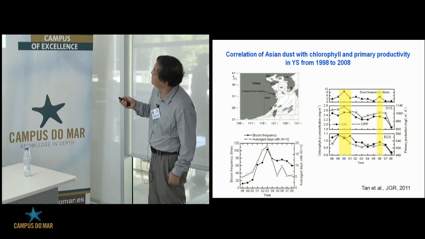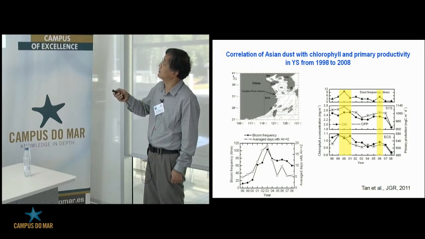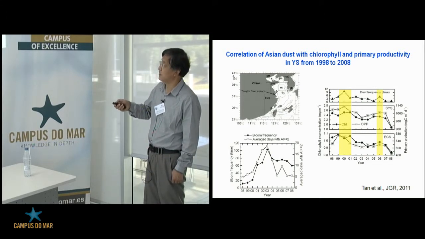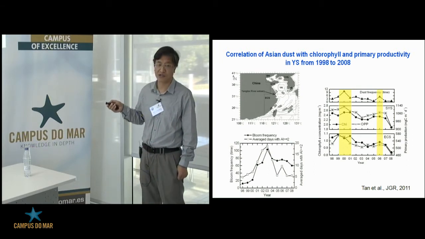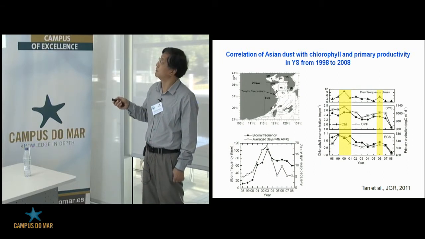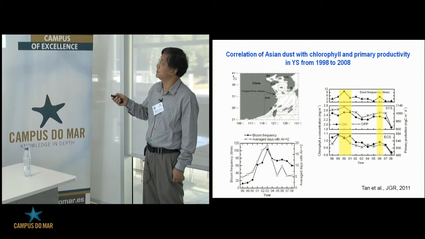This is the primary production. So it's quite clear. This is dust frequency. From the 1990s to 2001, and also in 2006, there was quite a lot of dust frequency, and then the production or chlorophyll concentration increased.